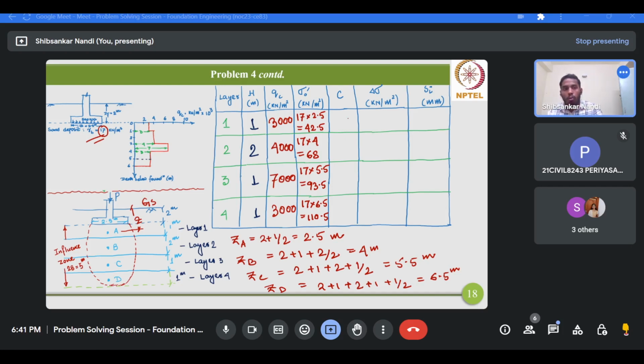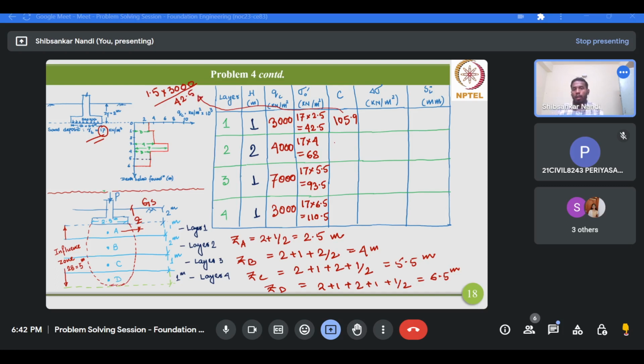That gives 105.9. And how have we got this value? This value comes from 1.5 times 3000. This is the sample calculation, divided by.